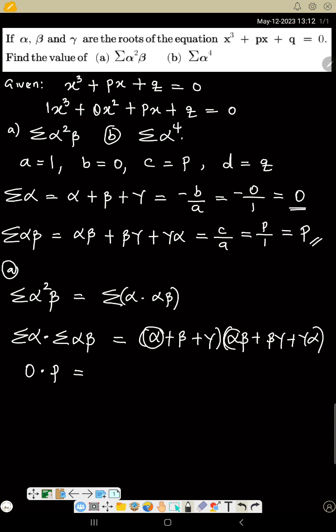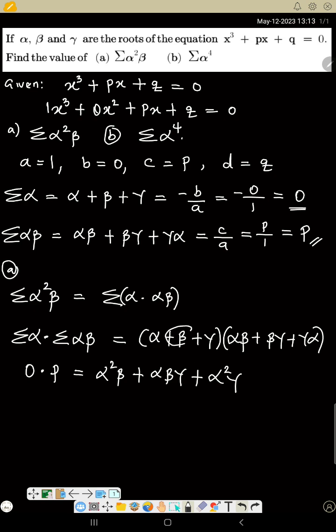Alpha times alpha beta is alpha square beta; alpha times beta gamma is alpha beta gamma; alpha times gamma alpha is alpha square gamma.